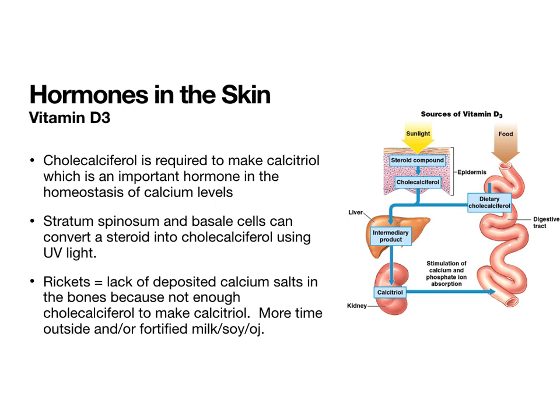So what happens if they are not getting that adequate supply? This can possibly lead to rickets. Rickets is a lack of deposited calcium salts in the bones because there is not enough calciferol or vitamin D3 to make the calcitriol. More time outside and fortified milk, soy, OJ, and cereal foods will eliminate that deficit. If they're not able to maintain that, those bones become very flexible and very poorly mineralized.